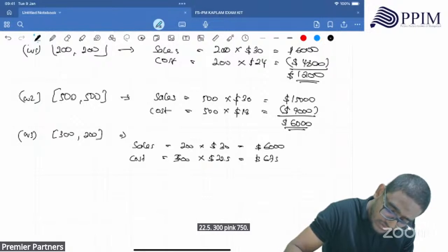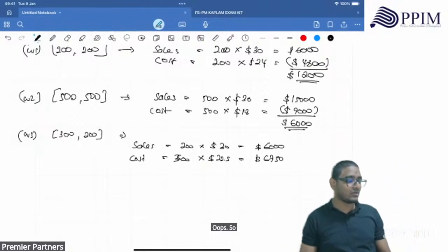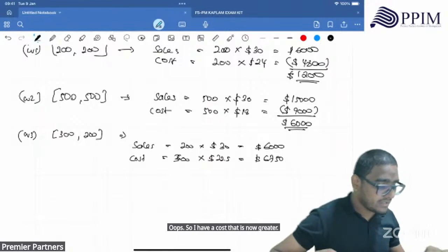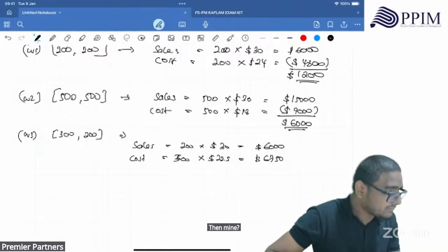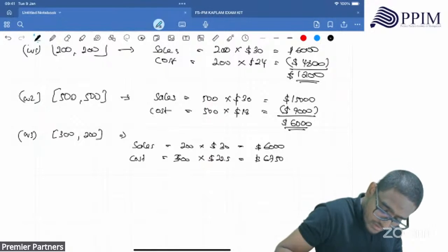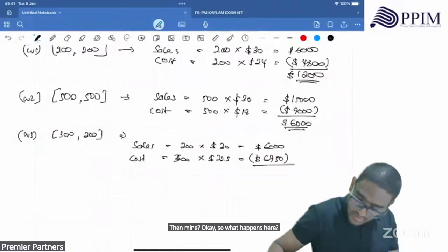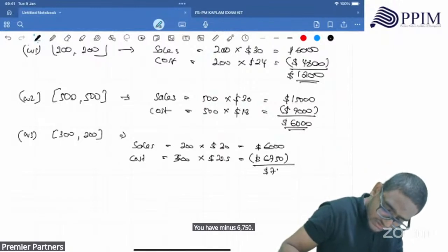Oops. So I have a cost that is now greater than my value. Okay, so what happens here? You have minus 750 as a loss.